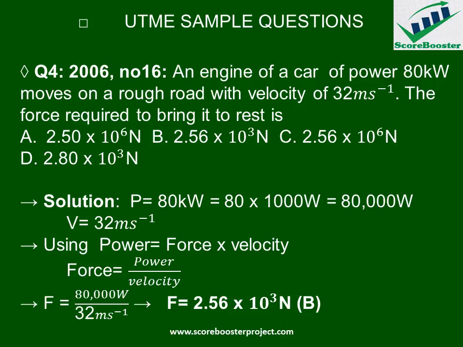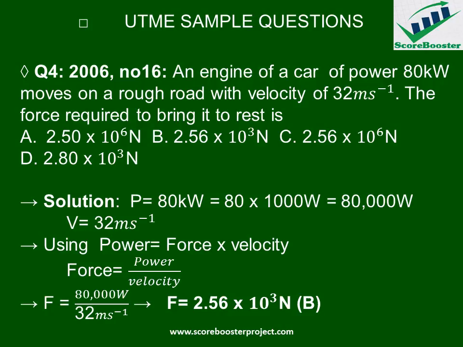Solution to this: the first thing is to write out the given parameters. We are given the power to be 80 kilowatt, that will be 80 times 1000 watts, which is 80,000 watts. Then we are given the velocity to be 32 meters per second. For this question, we use the formula power equals force times velocity.